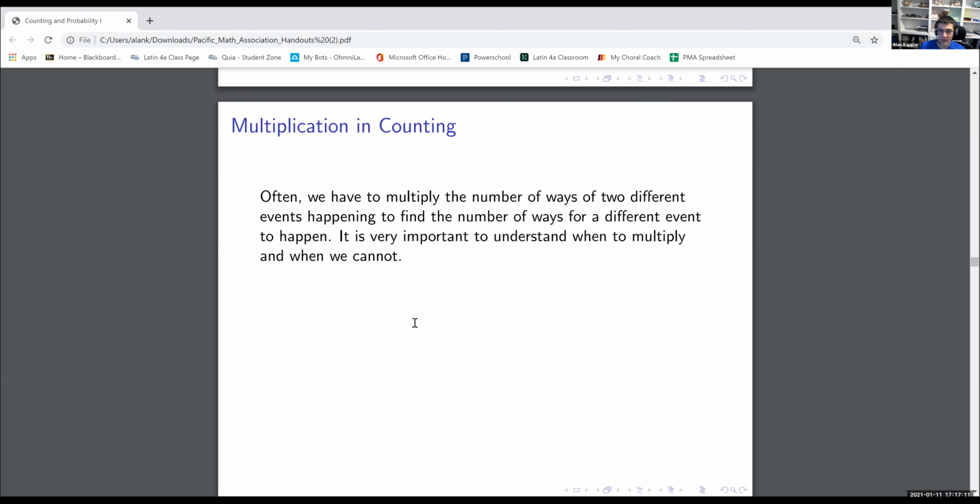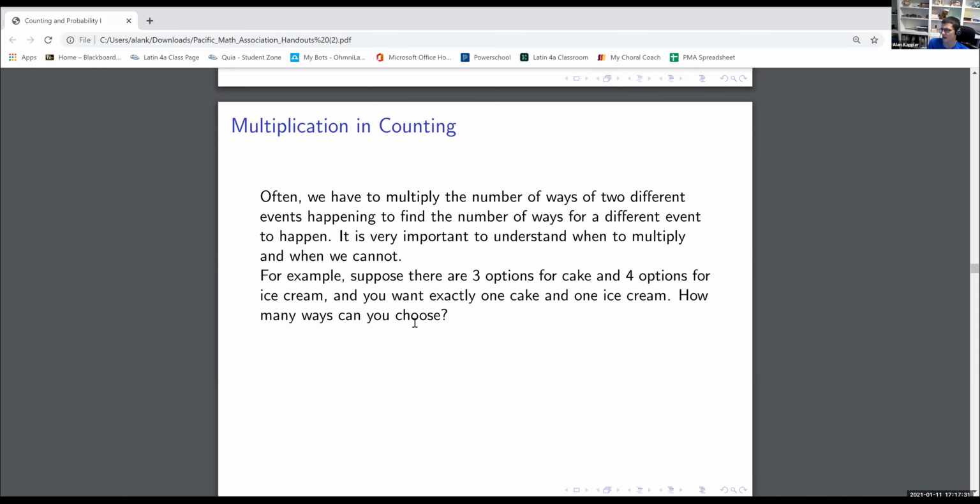And a nice thing about this is that if these 2 events are independent of each other, then you can actually multiply the number of ways of 2 different events happening. But you can't multiply all the time, and it's really important to understand that.